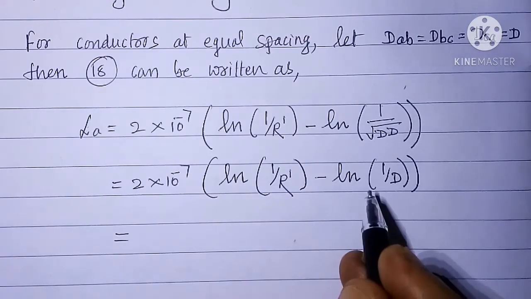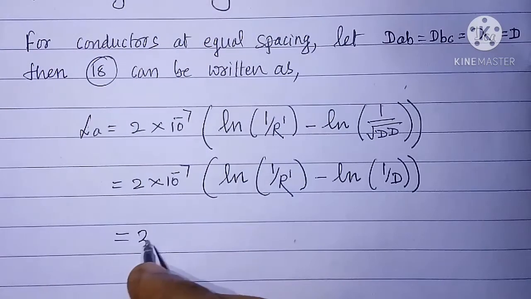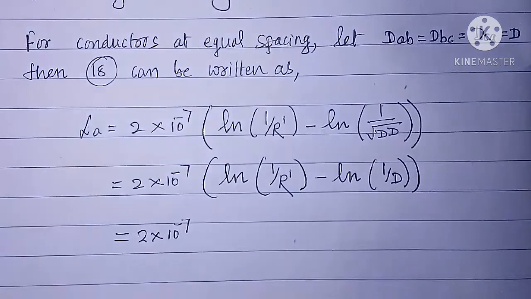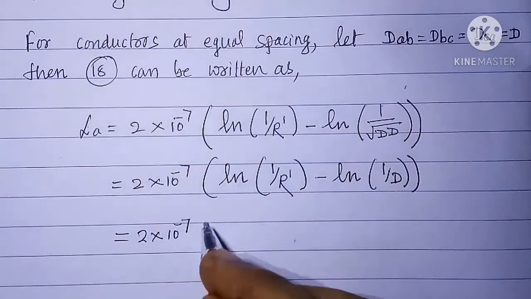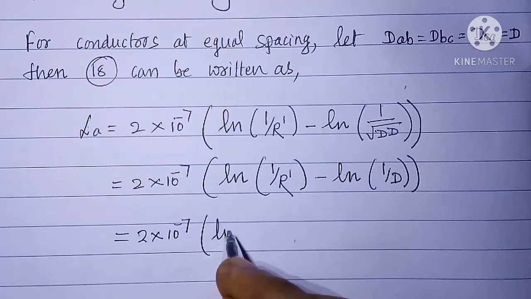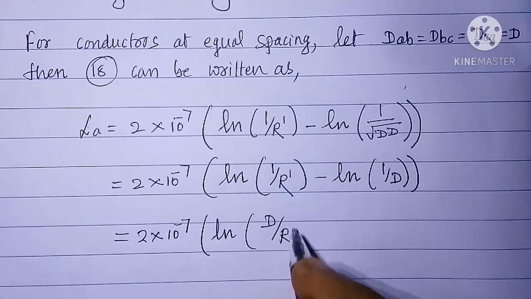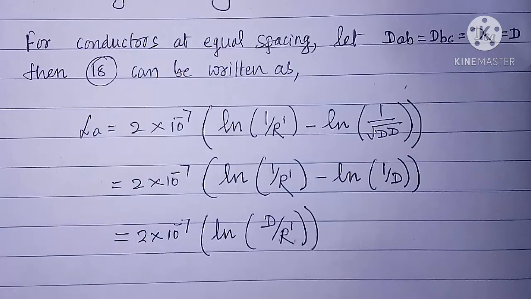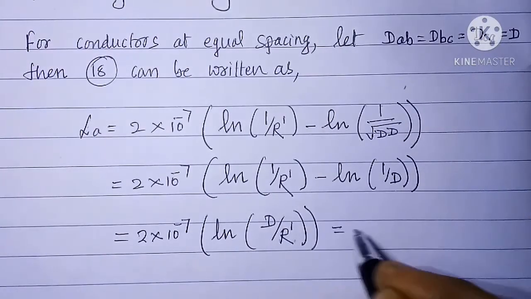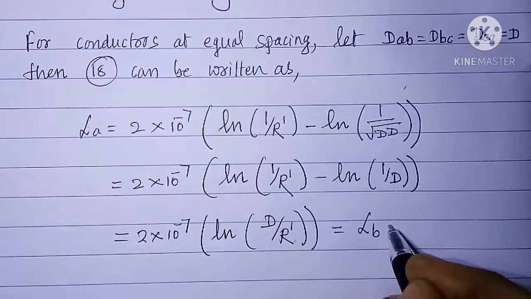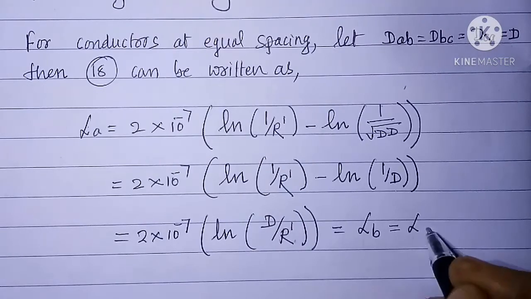Now, using laws of logarithms, we can write 2 into 10 raised to minus 7 into ln of d by r dash, and that is equal to LB and LC.